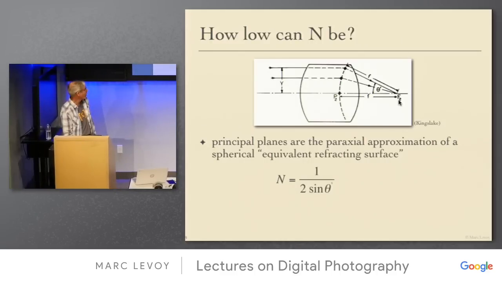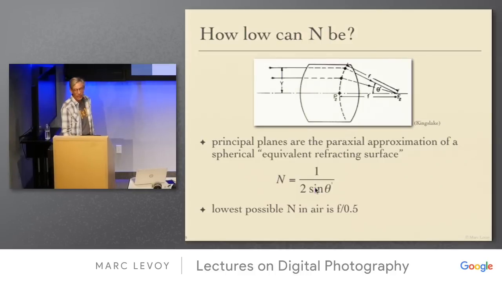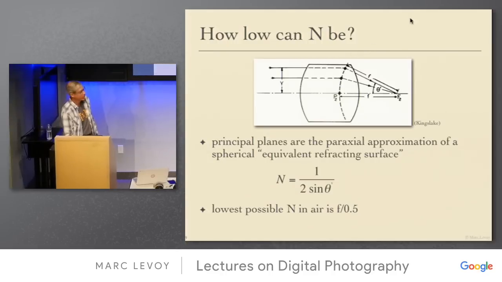It won't come to a focus at a point anymore. And so you have to replace this thing, and the lowest possible N in air is 0.5. That's the point at which this actually gets up to 90 degrees up here. So that's the theoretical maximum. You can't actually achieve that.